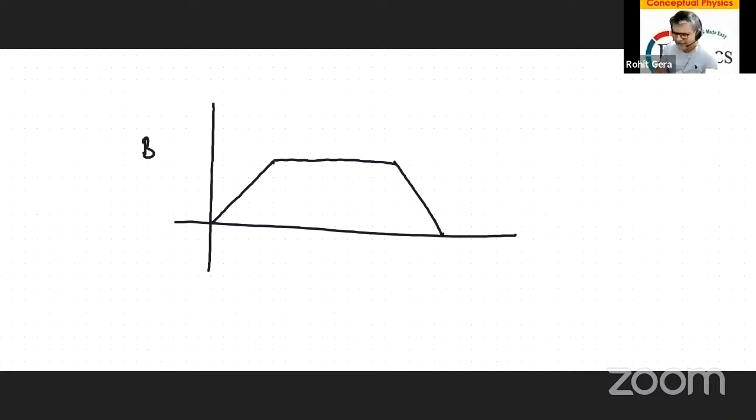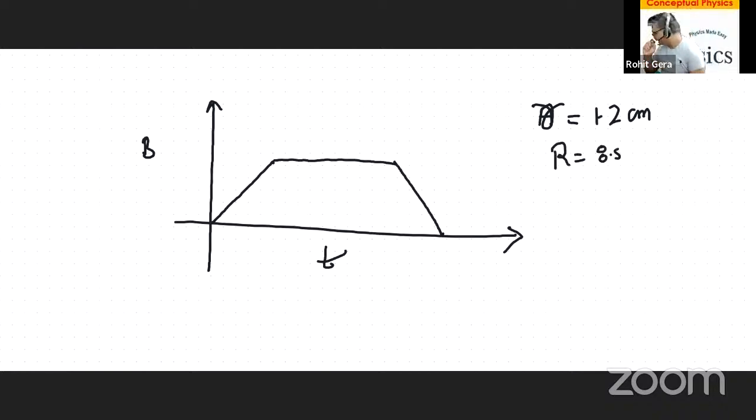Okay, so you can see it's a time varying magnetic field through a circular coil whose radius is given to be 1.2 centimeters, and the resistance in the circuit with which coil is there is 8.5 ohms. Okay, and the magnetic field is varying in the way you have shown.